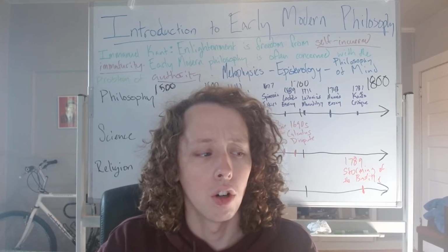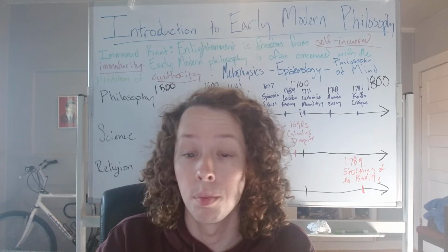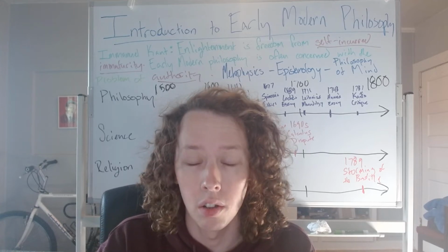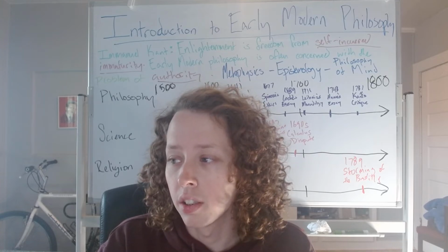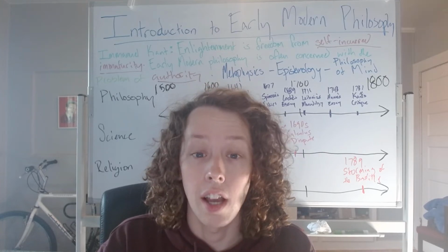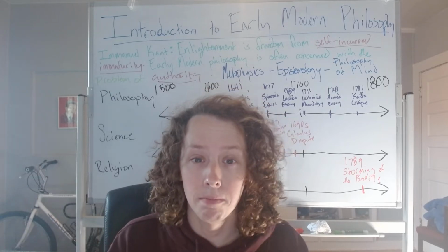Our central goal this week is to get our bearings in the problem space. I've had you read three short pieces that I think exemplify a little bit the problems of the time.